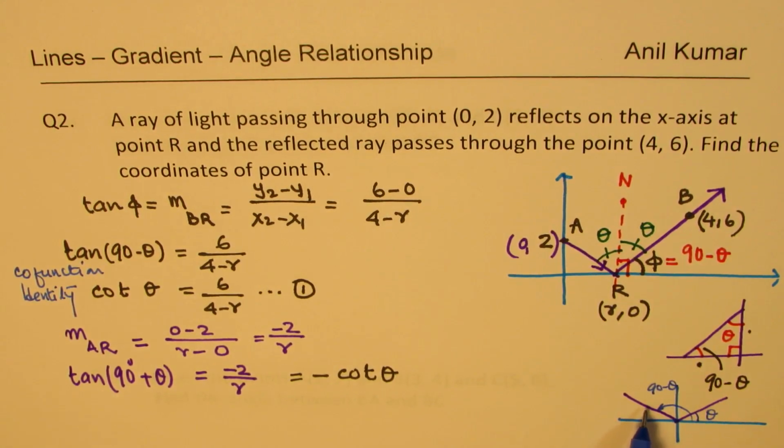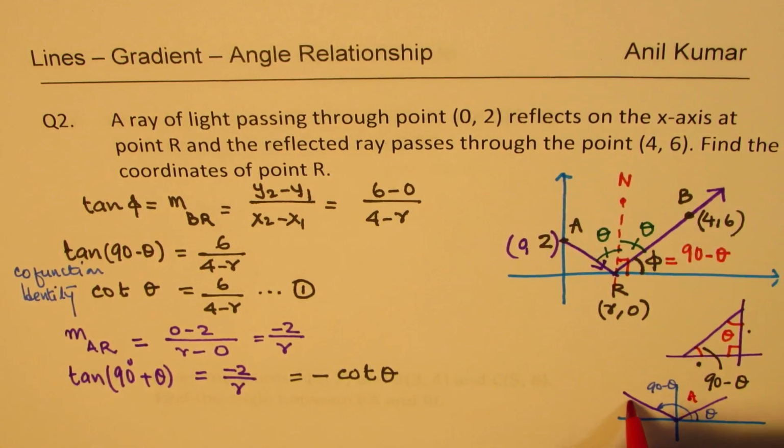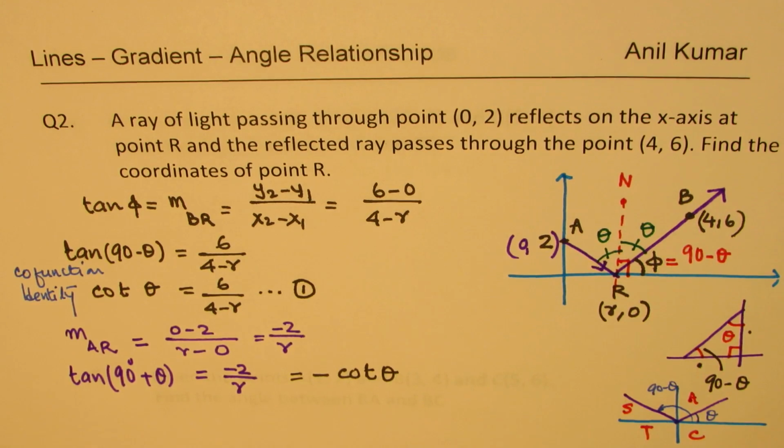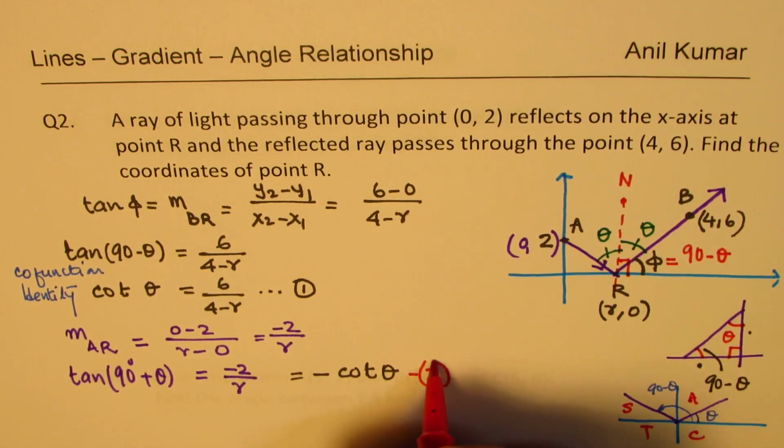So here tan is negative, correct? Here in quadrant 1, all are positive. Here sine is positive, and tan is positive in quadrant 3. Since tan is negative here, we have minus cot theta. Do you get the idea, right? So minus 2 over r is minus cot theta. We'll call this our equation number 2.